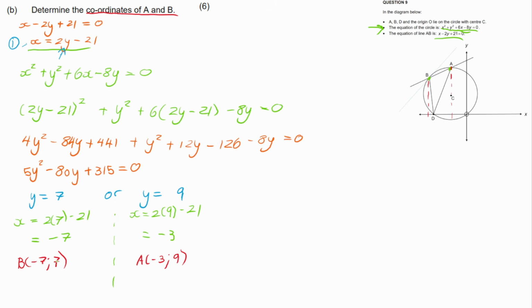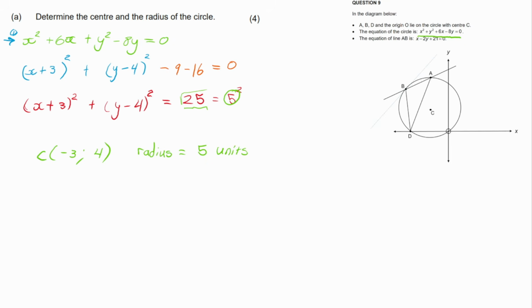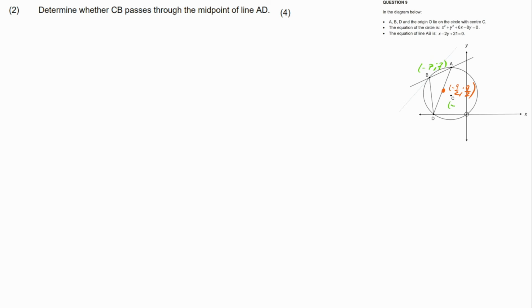Where was it? Minus 7 and 7 here at the bottom. So the coordinates of B is minus 7 and 7. And the coordinates of C was just our center of the circle. So minus 3 and 4. Minus 3 and 4.